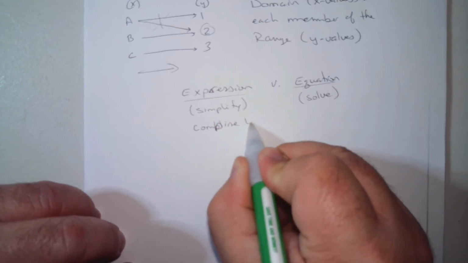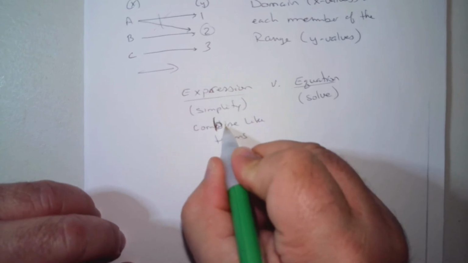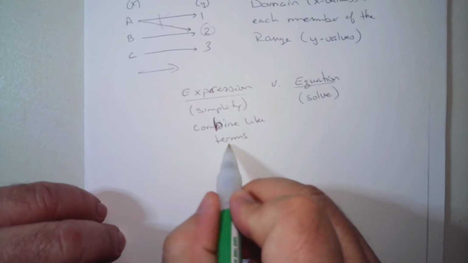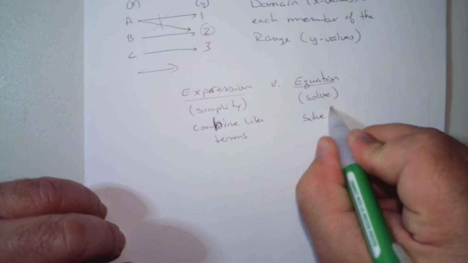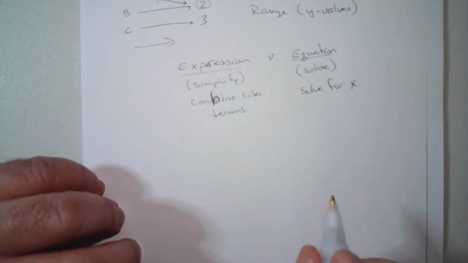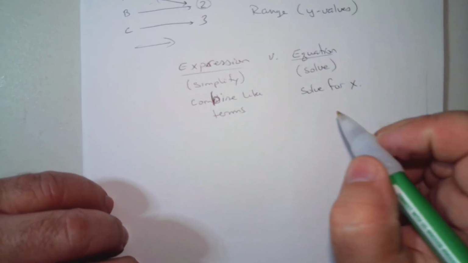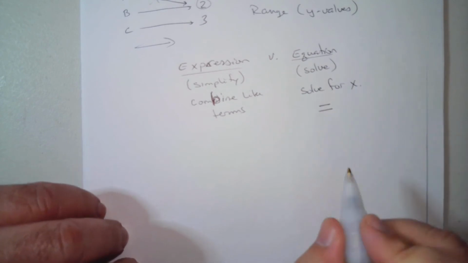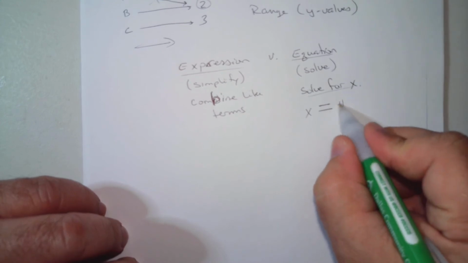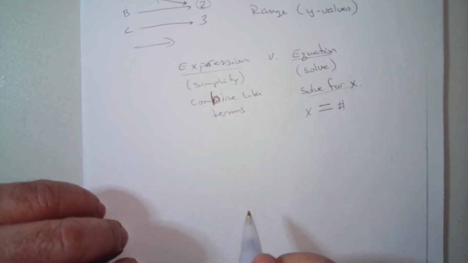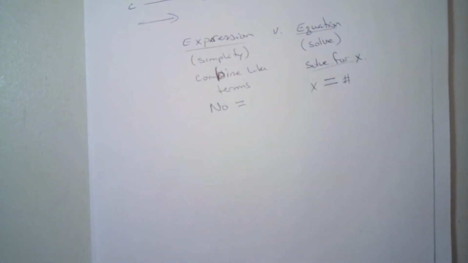In expressions, you combine like terms, and in equations, you solve for x. So before you do anything, if there's an equal sign, then you're solving for something. There has to be a letter and a number. Expressions do not have equal signs.